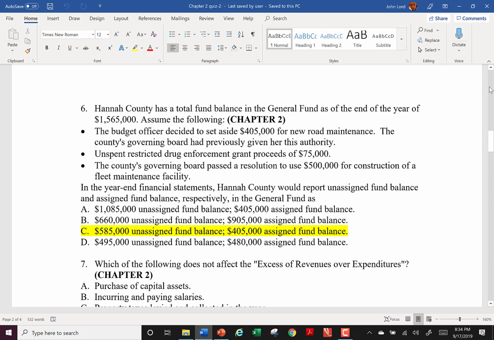Okay, and that means that it is not cash, it is not receivables, meaning it is what? Things like inventory, right? It's the classic example that we used. Inventory is considered non-spendable because you can't spend it like cash.